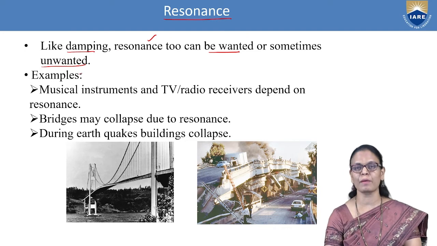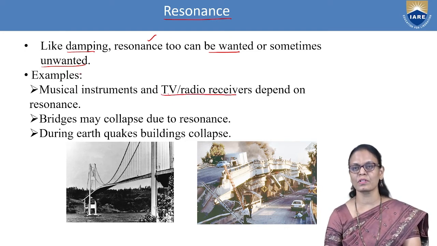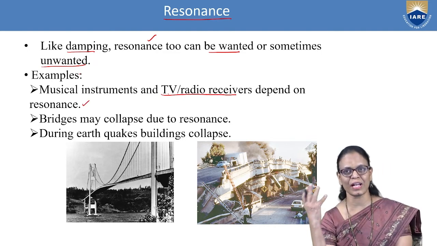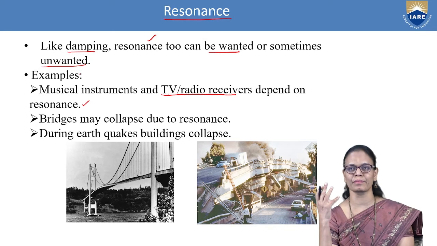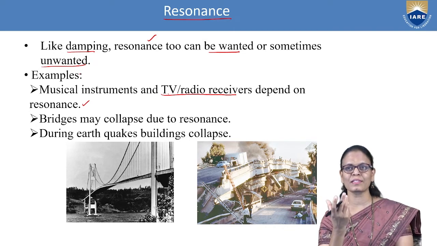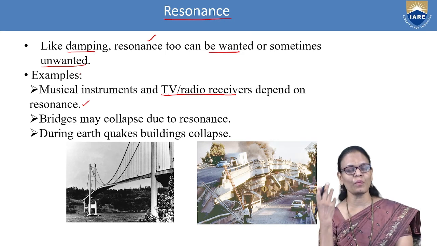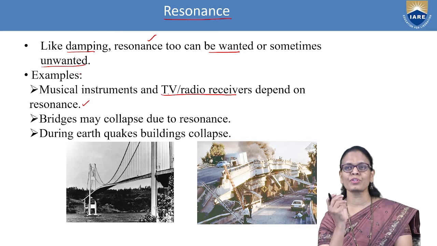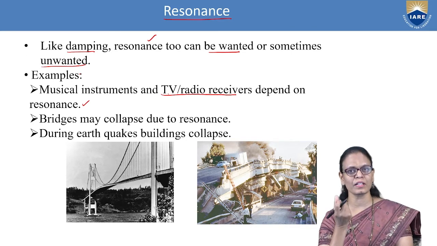So what are the examples? Musical instruments and TV and radio receivers depend on resonance. Whenever signals are transmitted from a transmitter, there will be a receiver in the TV or radio. Whatever frequencies are transmitted, if they match with the tuning of the radio, then it will receive it.